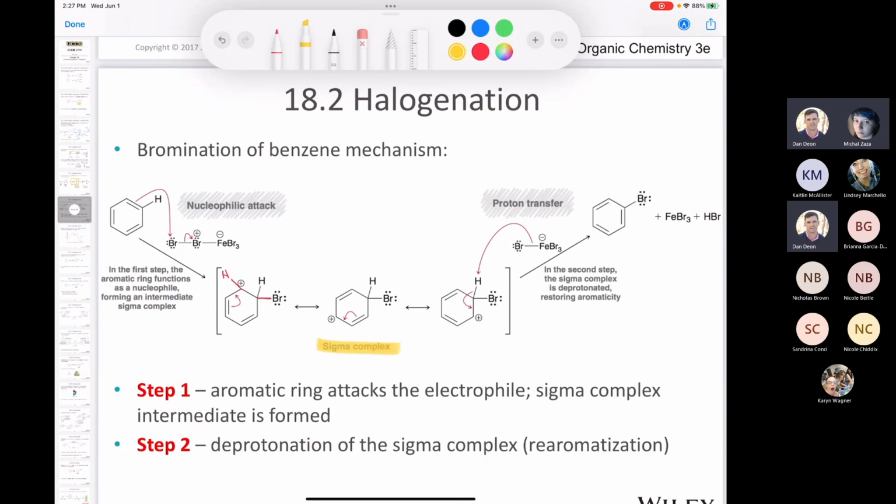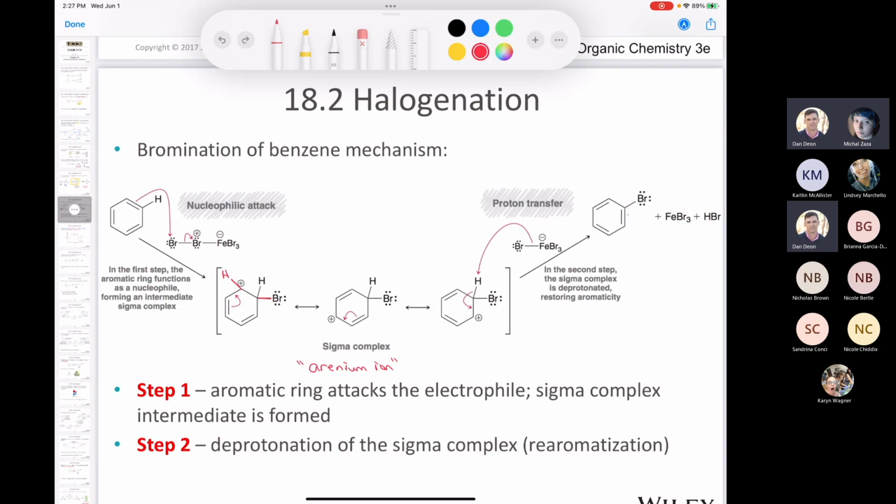Sometimes you'll see that called an arenium ion. If you're perusing the internet, you might see that from time to time. But we end up with this resonance stabilized sigma complex. And then in the last step, we have our FeBr4 minus anion, which removes the proton on this carbon where the substitution occurred to regenerate the aromatic ring.